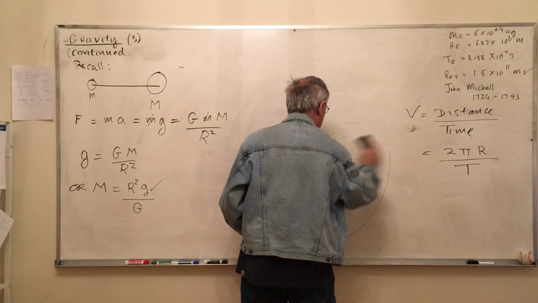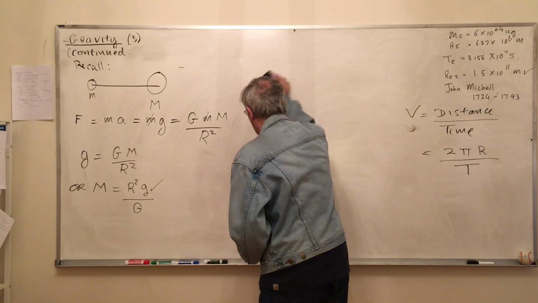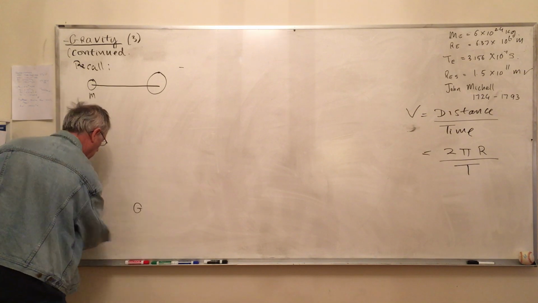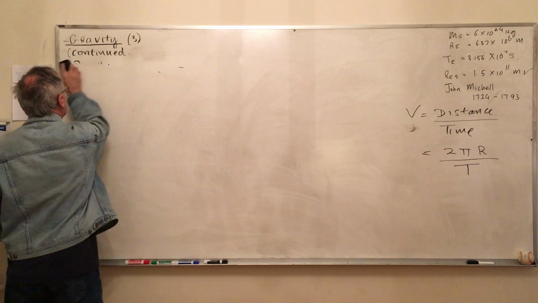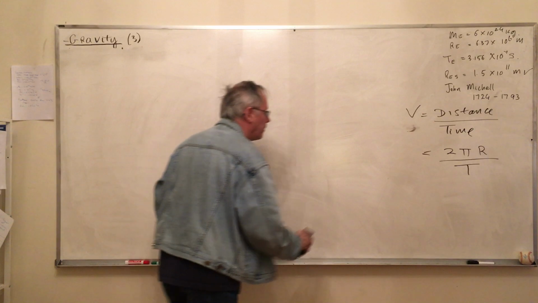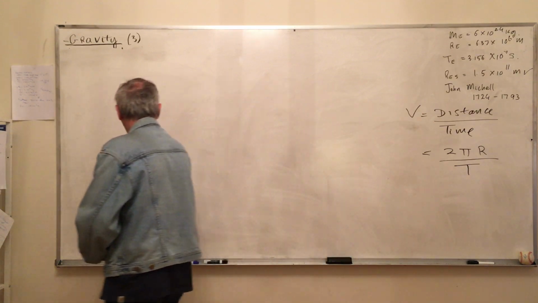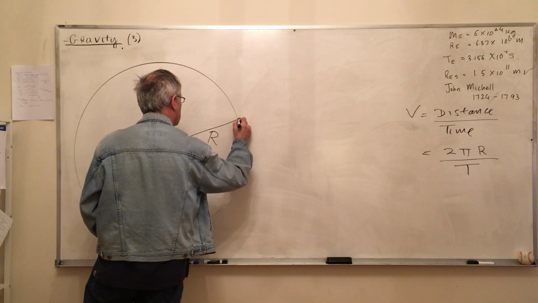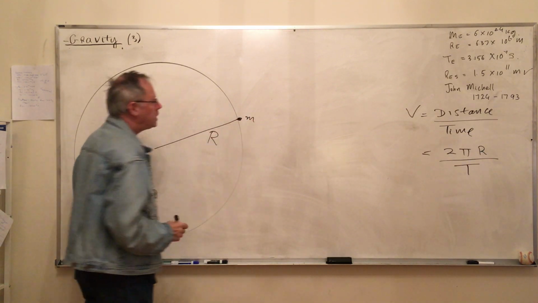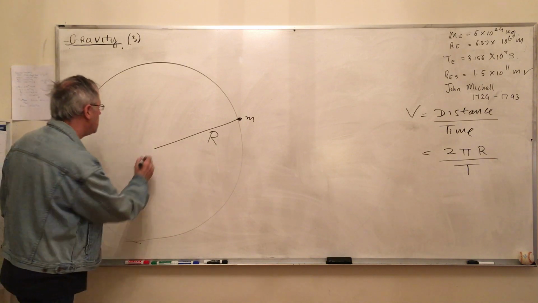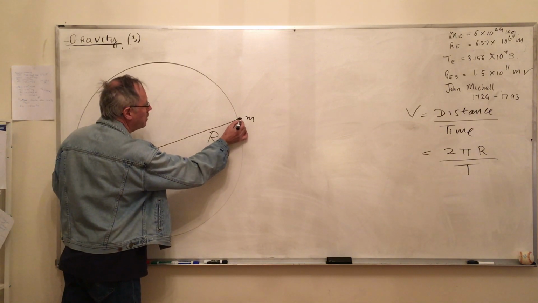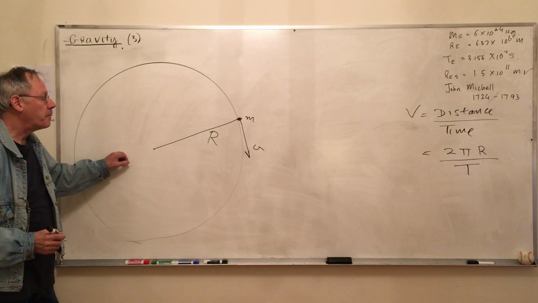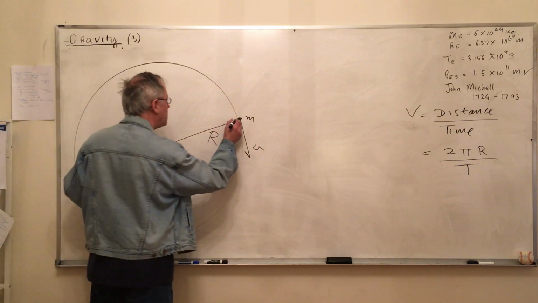So we're looking at Kepler's third law. Well, this could be a point, but I just call it a mass because it's easier to think. And suppose this mass is moving with a tangential speed v. It's experiencing a centripetal acceleration towards the center.